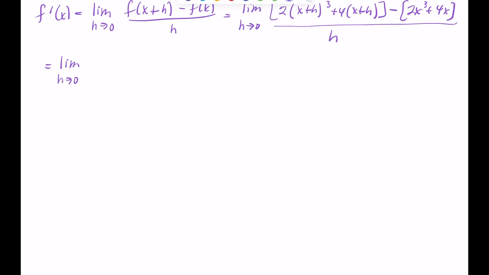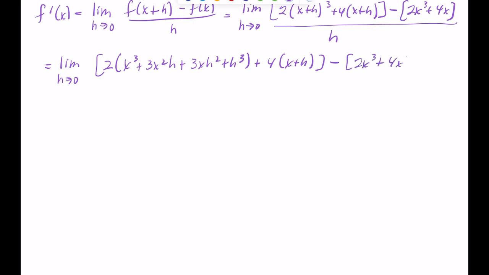So you end up with 2 times x cubed plus 3x squared h plus 3xh squared plus h cubed, and then it's a 4 times x plus h, and then it's still minus 2x cubed plus 4x all over h.